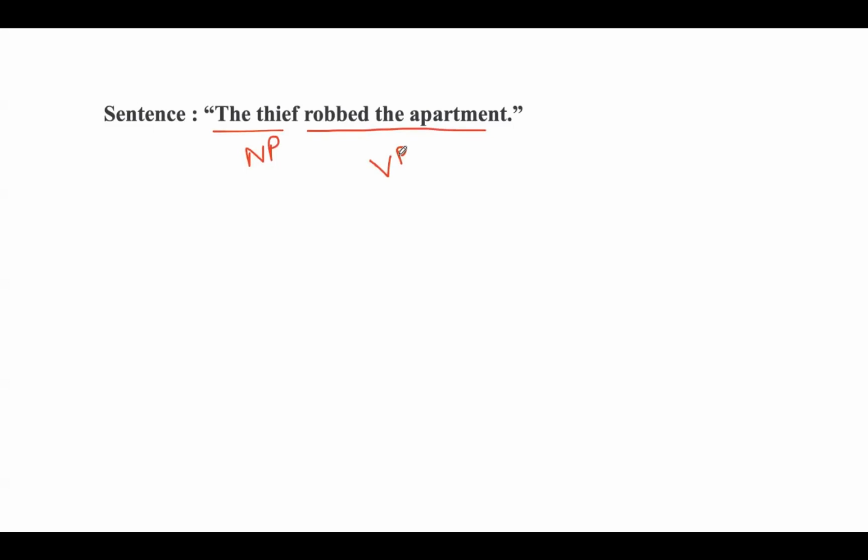When put together, the two phrases form a sentence which is marked one level higher. But what is actually meant by noun or verb phrase here? Noun phrases are one or more words that contain a noun and maybe some descriptor, right?